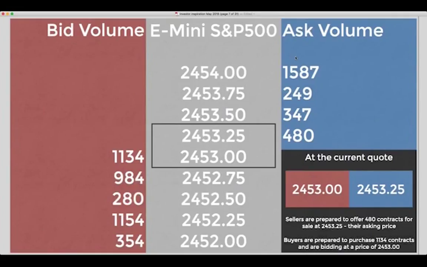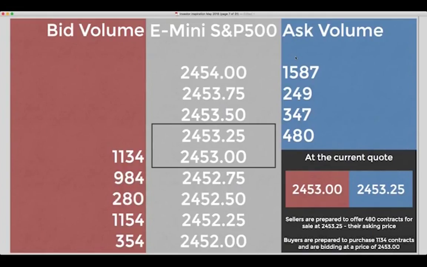So at the current price quote, 53 versus 53.25, what we can understand is that there are 480 contracts available for sale at 53.25. So whether it's one seller or 480 sellers, at this moment in time, if we want to buy, we can buy up to 480 contracts at 53.25.